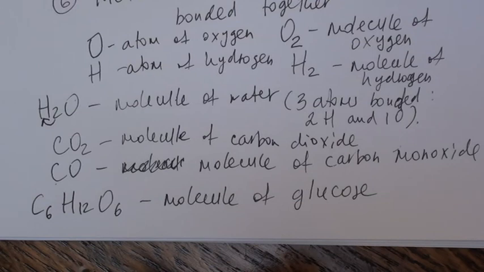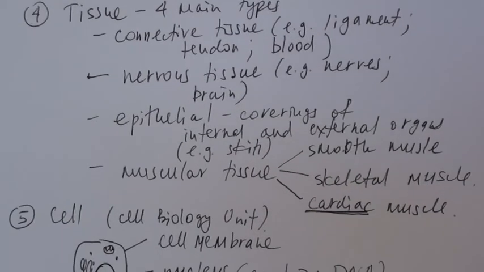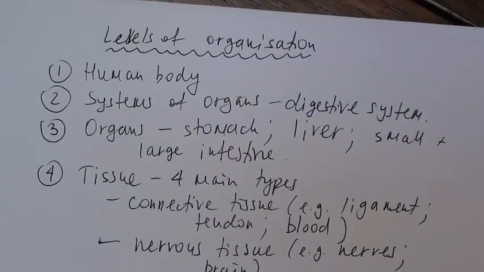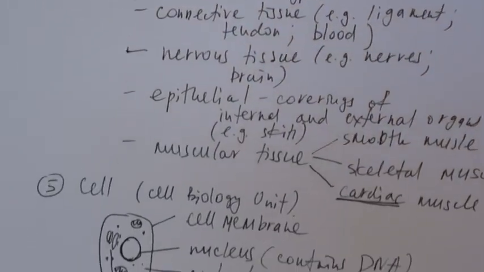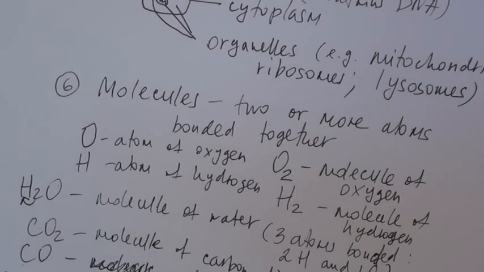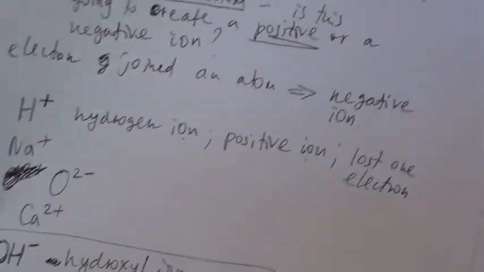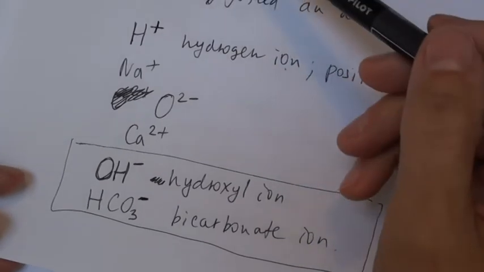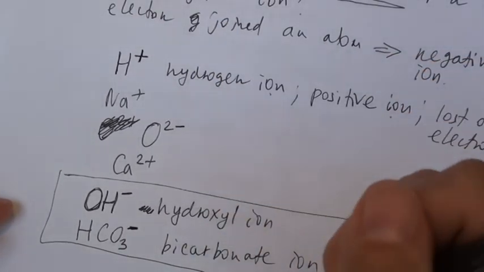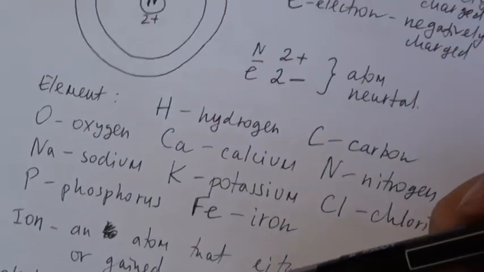So that's what will complete this topic of levels of organization. We've gone from the human body and kept zooming in and zooming in into molecules, and further into atoms, and further into even talking about ions.